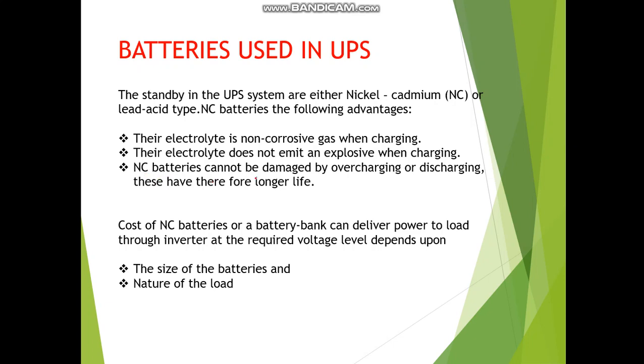Nickel cadmium batteries cannot be damaged by overcharging or discharging. They have a longer life. The battery bank can deliver power to the load through the inverter at the required voltage level, which depends upon the size of the batteries and the nature of the load.